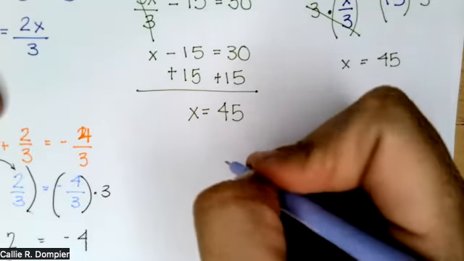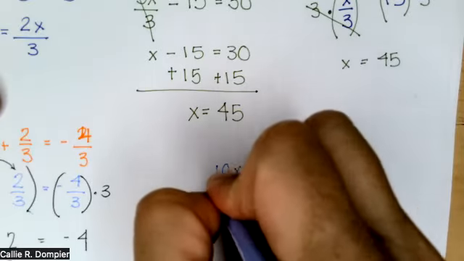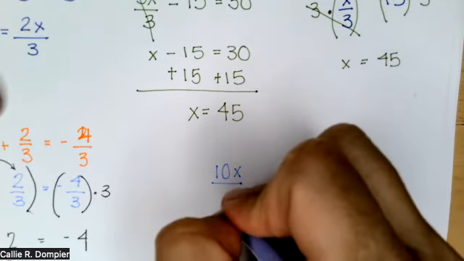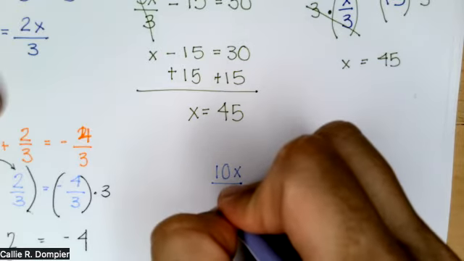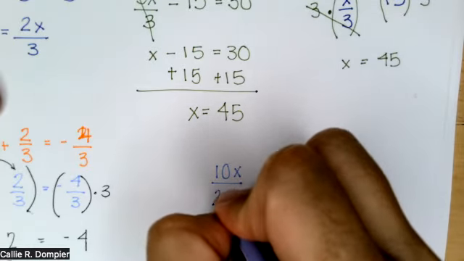I'm going to say 10x over 24 minus 1x, sorry, over 6 equals, put a 1 there. All right, I'm going to come back to this.